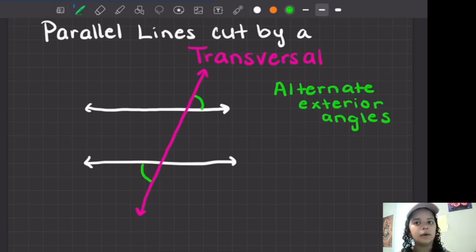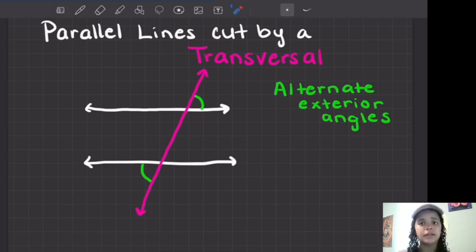So it's the same idea with alternate exterior angles. Alternate, what that means is that you're on two opposite or different sides of that transversal. So for example, this angle over here is on the right side of the transversal, and then this one down here is on the left side of the transversal. So they're on alternate sides of that pink line. And then they're called exterior angles because they're outside of the white lines. Okay, so they're exterior or outside of your parallel lines.